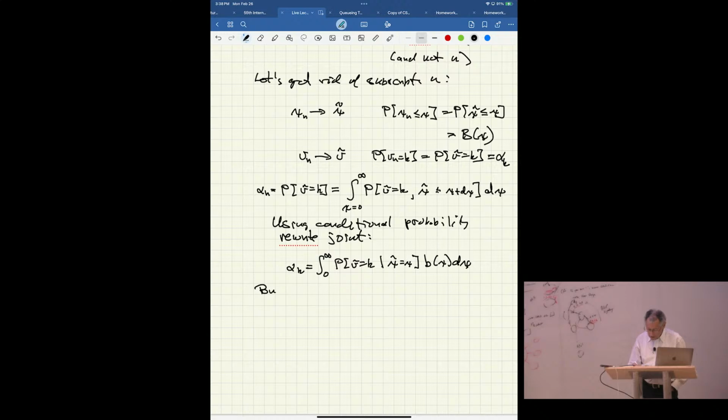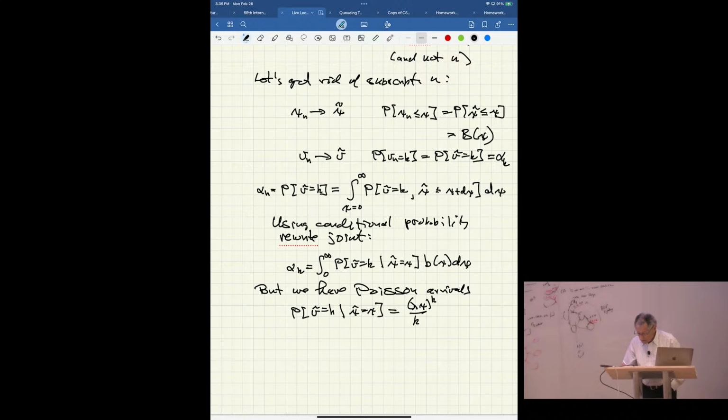But we have Poisson arrivals. V comes from Poisson arrivals. How many arrivals in the service time? So the probability that V tilde equals k, given that the interval I'm calculating is x, namely x tilde equals x, is equal to the Poisson distribution, namely lambda x to the k over k factorial e to the minus lambda x. That we knew from before.